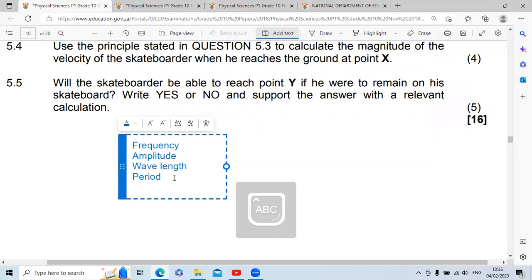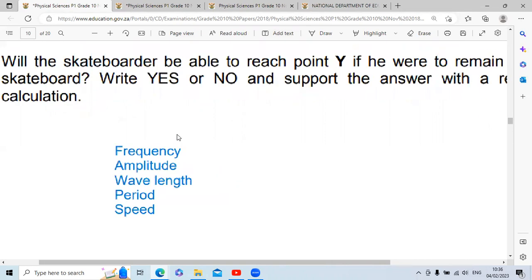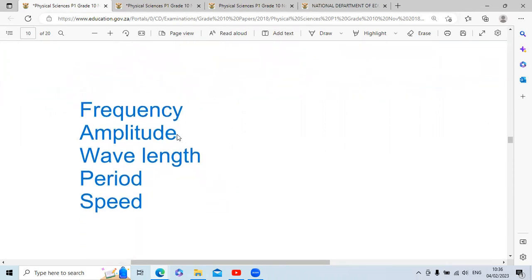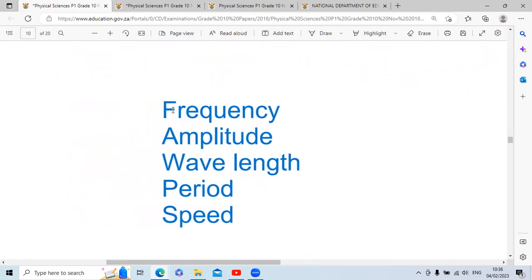And then we're also gonna have the speed. So what I'm gonna tell you is that these things are basically self-explanatory. So right now, I'm gonna give you a definition, and you can just choose from these five words which one it is. Is that fine?